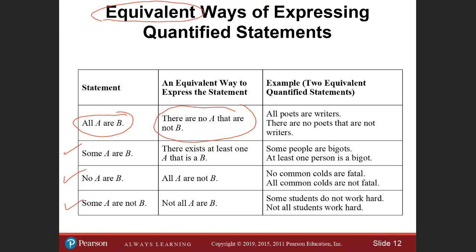And on the last column, you can see the examples. The first example, looking at the word all here and the no statement here, says all points are writers. There are no points that are not writers. So you're looking at those words. Again, those are the equivalent ways of expressing quantified statements.